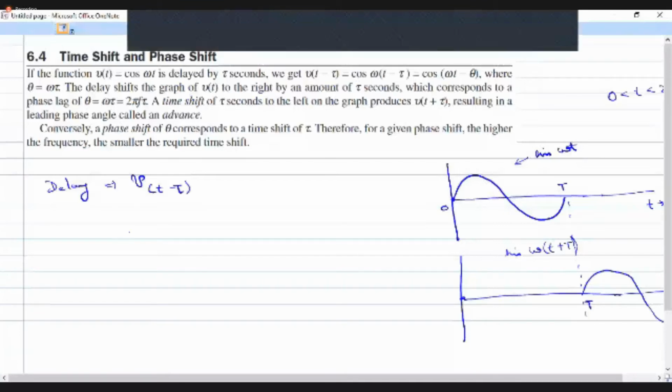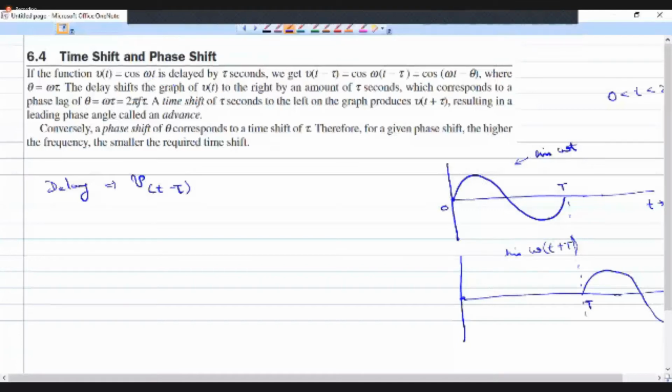We are delaying cos of omega t by an amount t minus tau, as I have explained in terms of this sinusoidal. Here I have not delayed, I have advanced. So when I add this, it is called advance in time. When I subtract this time period, it is called delay.